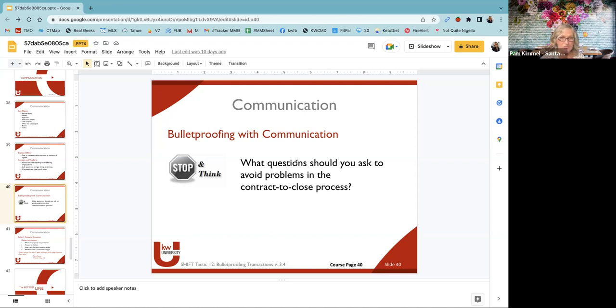And when we get this listed for sale, I'll need a copy of the key for the lockbox. And at the same time, could you get me a copy of your mortgage statement? Because the escrow officer will ask for that information in the future so they can request the payoff. So finding out how much a seller owes on the property can eliminate some problems in the future.